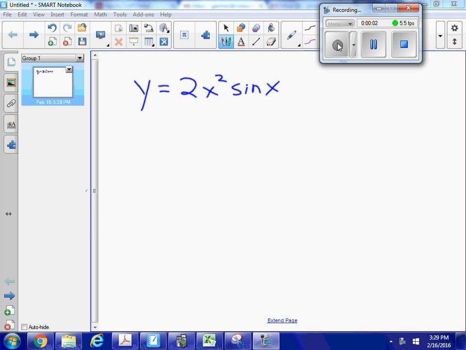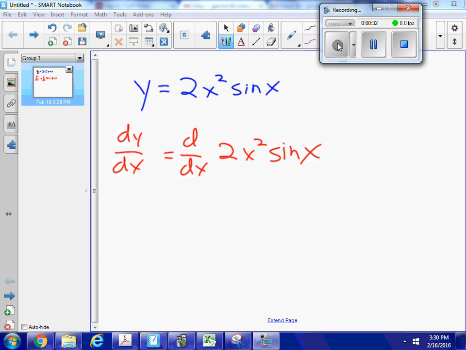I'd like to describe here what it means when I say pull the constant through the derivative. So here's an example of a function, and I want to take the derivative. So I want the derivative of y with respect to x of this side, and that is going to equal the derivative with respect to x of this big y, 2x squared sine x.